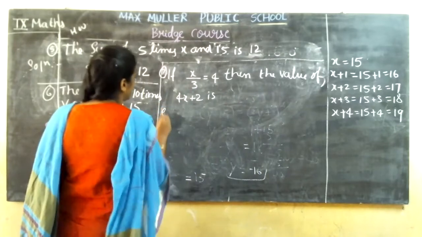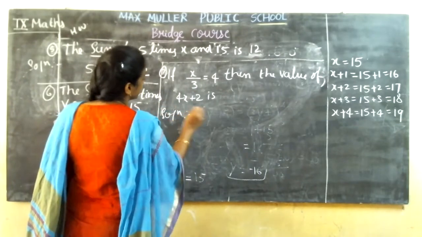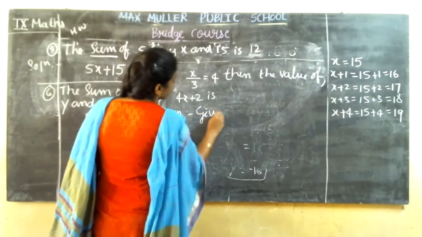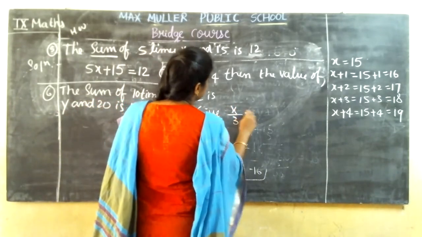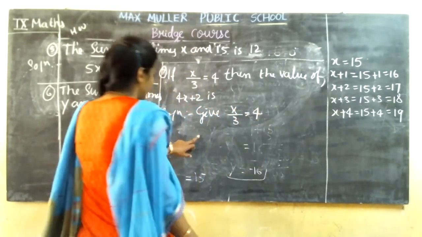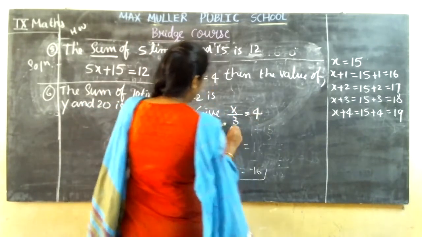You need to find the value of x here, right? The given is x by 3 is equal to 4. First we will find the value of x.